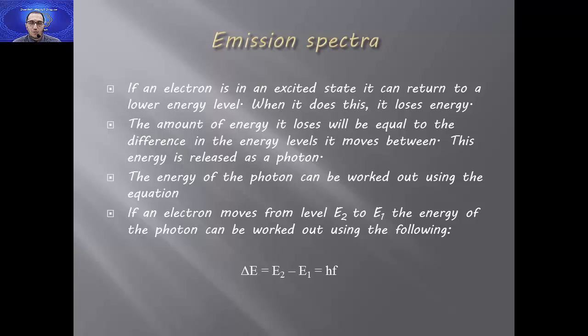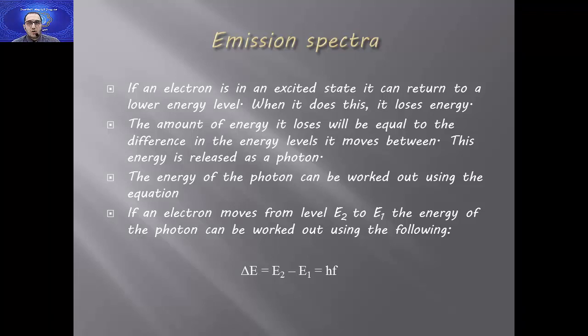So if an electron is in an excited state, it can return to a lower energy level. Why? Because it can't stay in this excited state. When it does this, it loses energy.